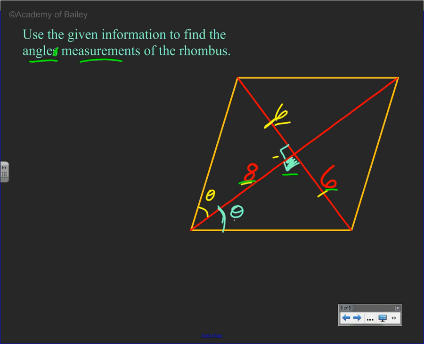Let's go ahead and calculate one of those thetas. Let's use this one. Here's the hypotenuse, 6 is the opposite, and 8 is the adjacent. Opposite and adjacent is tangent. Tangent of theta is equal to opposite over adjacent.